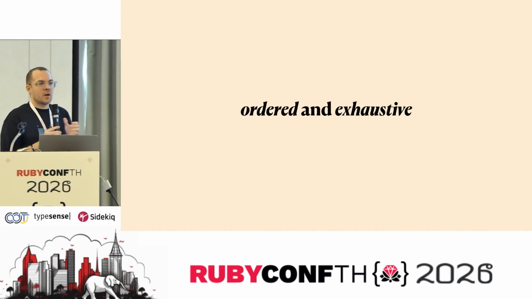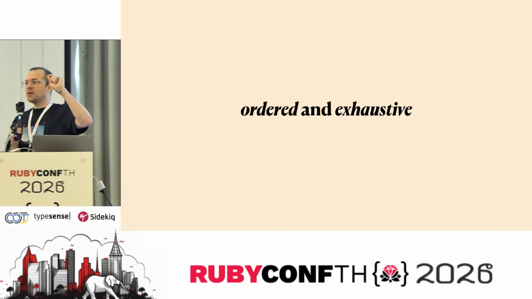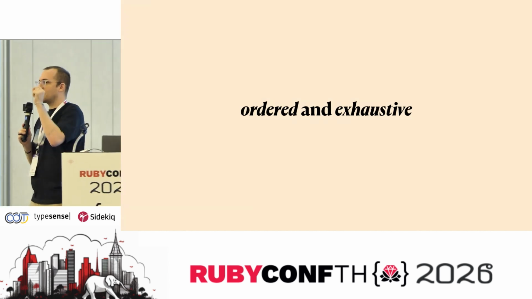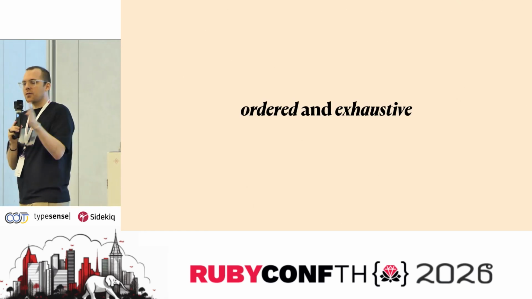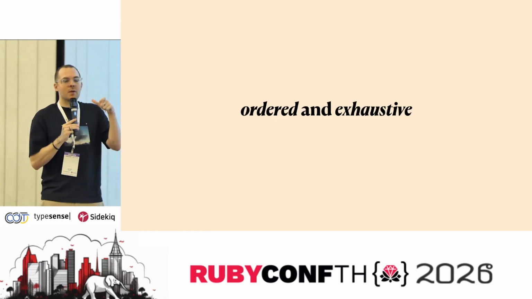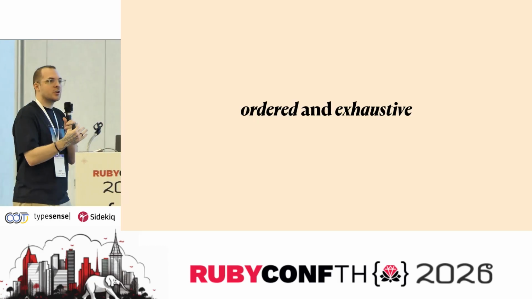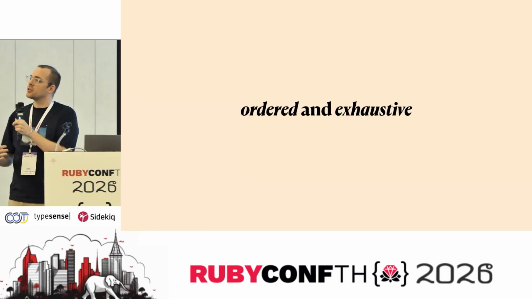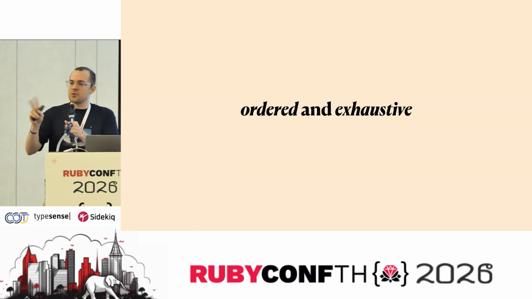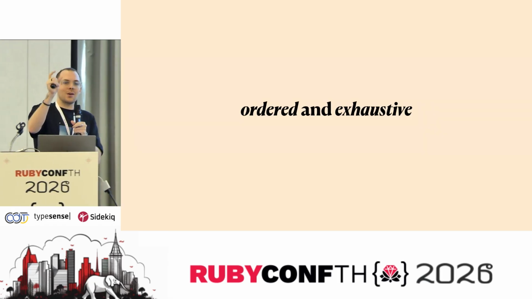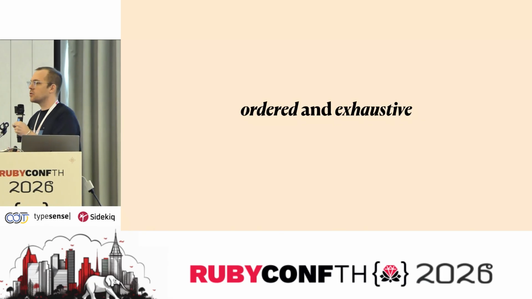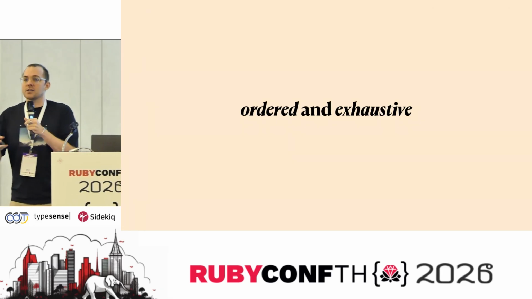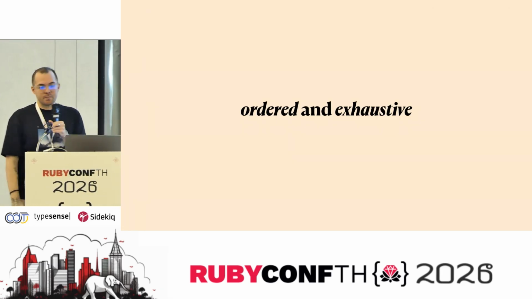So the first operation in job one must always come before the second operation in job one. You got to keep the ordering for each individual job, and you do need to be exhaustive. So every single operation in job one needs to occur, every single operation in job two needs to occur. But if these two things are true, every single way in which you could arrange those two sequences, those two arrays of jobs, is a valid possible race condition.